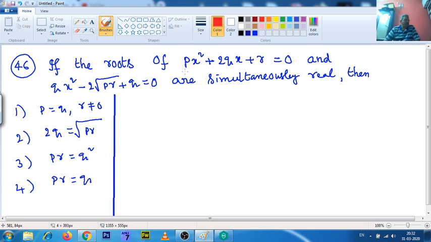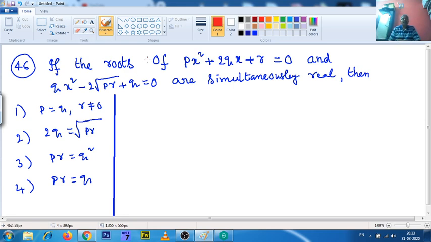Still we have at least 25 to 30 days. During that period, I will discuss even the most important concepts, not only level 1, level 2, level 3, because my intention is that whenever I do the competitive entrance examination, it should be useful for all competitive entrance examinations. Keeping that in mind, I will discuss level 1, level 2 and level 3 problems also.